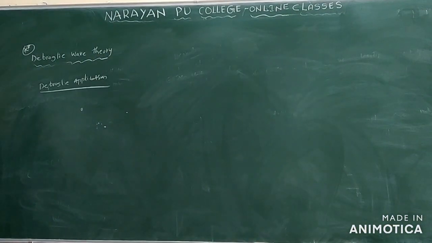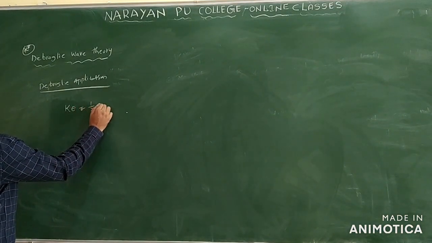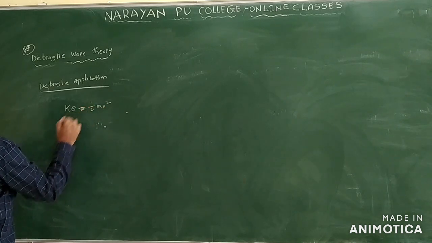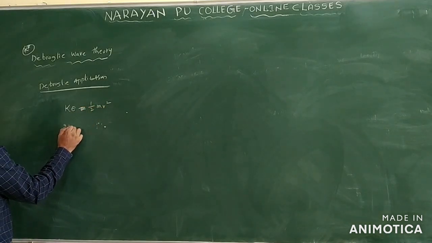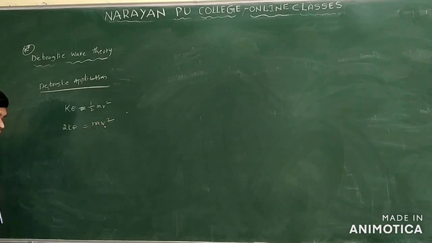Next we can see the de Broglie application. I will take the kinetic energy Ke equals half mv square. From this I write 2 Ke equals m v square.